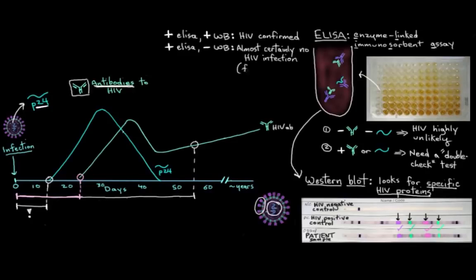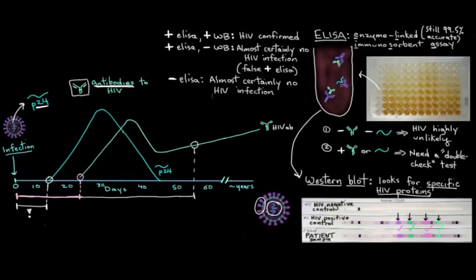Remember, there's some other things that can make the ELISA report positive when it actually isn't. But for the most part, it's still about 99.5% accurate for HIV. And of course, if your ELISA was negative, then again, really unlikely that you have HIV. Unless, of course, you were in the window period when you got tested, in which case it'd be pretty important to get tested again after about 3 months or so, when your antibodies would have time to have developed.